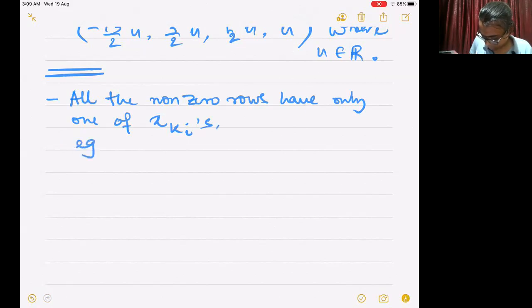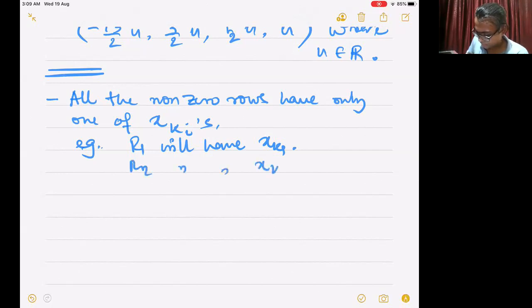For example, row 1 will have x_k1 and a bunch of others, and those others will not contain any k1, k2, k3 at all. Similarly, row number 2 will have x_k2, and this will continue till row number r, the final non-zero row, which will have x_kr.